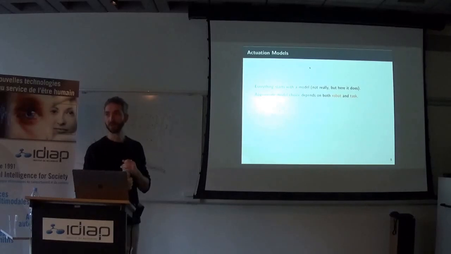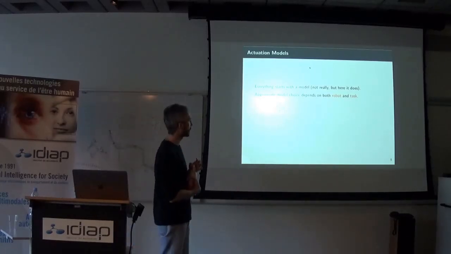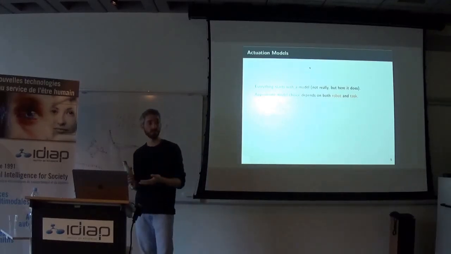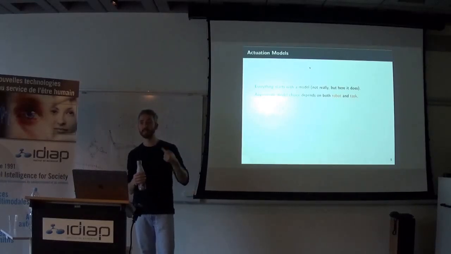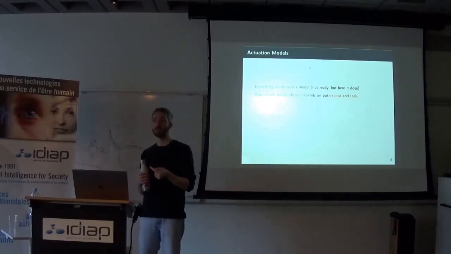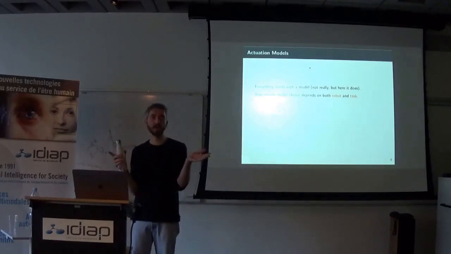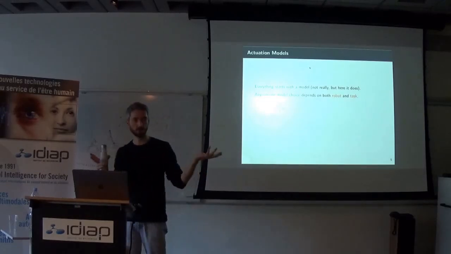So how do you choose the proper model? That's very difficult. It takes experience. And the proper model depends not only on the robot that you're trying to control, but also on the task that you would like the robot to perform. So for the same robot, you could end up using different actuation models depending on the task that you would like the robot to perform.